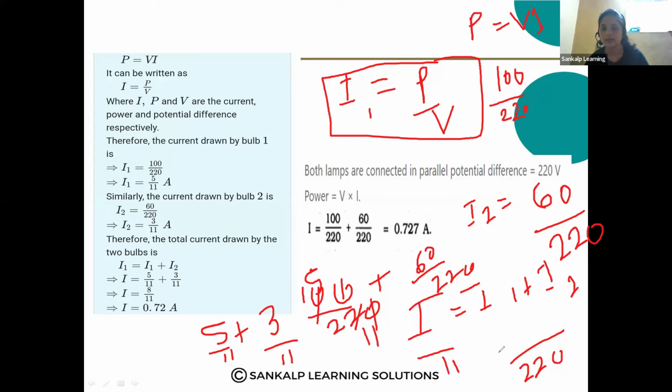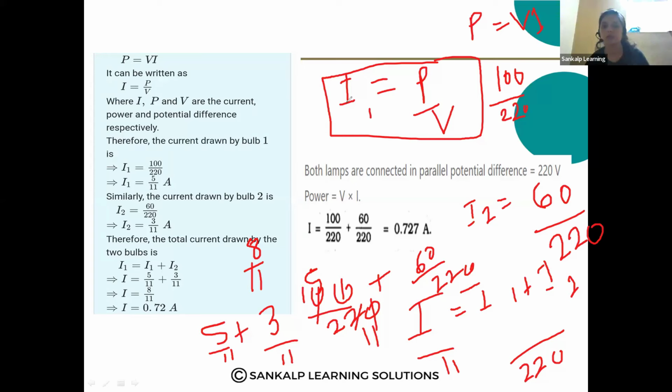So 11, find out the LCM, then you will get the answer. 11 by 8 comes, 5 plus 3 is 8. So this is how you have to find out the answer.